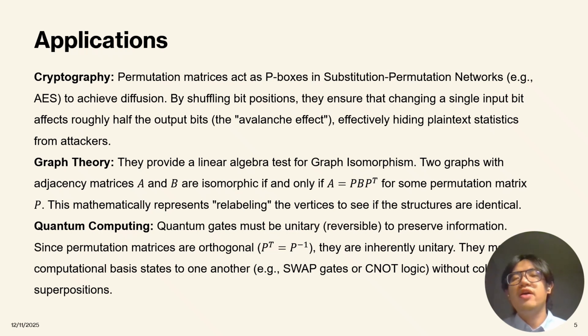If we can find the permutation matrix P such that A equals P times B times P transpose, we prove that two networks are structurally identical. In quantum computing, since permutation matrices are orthogonal and reversible, they are inherently unitary. This allows them to function as quantum gates, preserving information without collapsing superpositions.